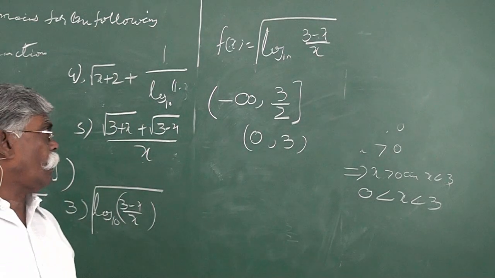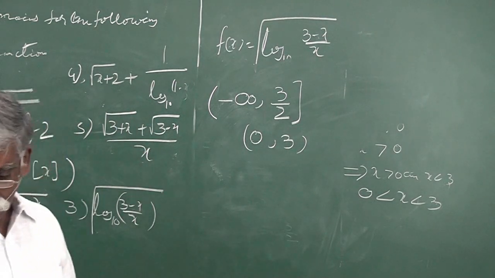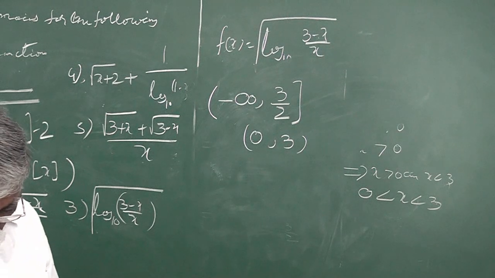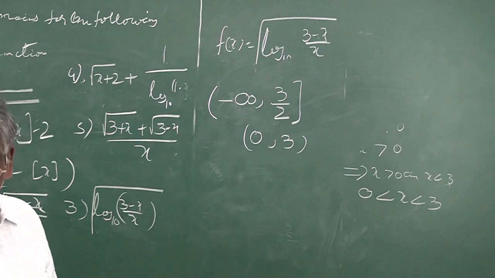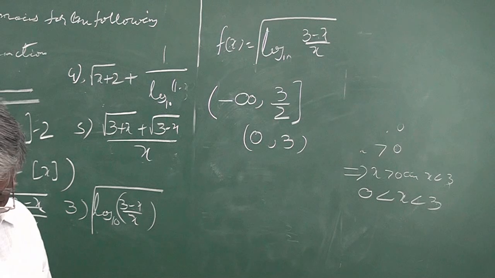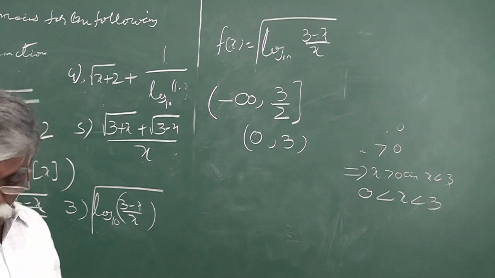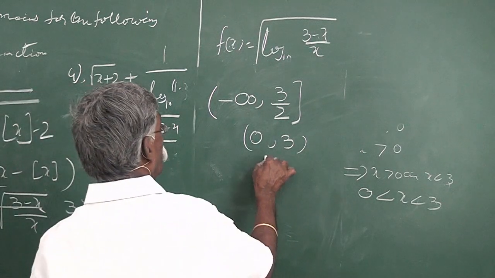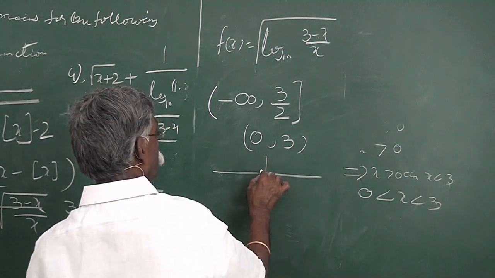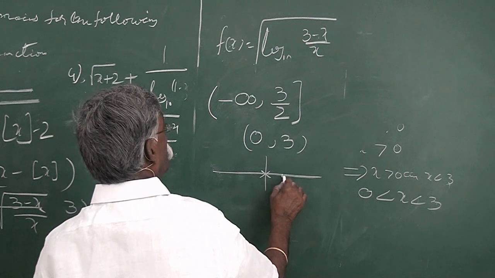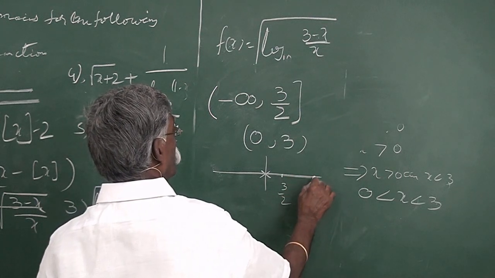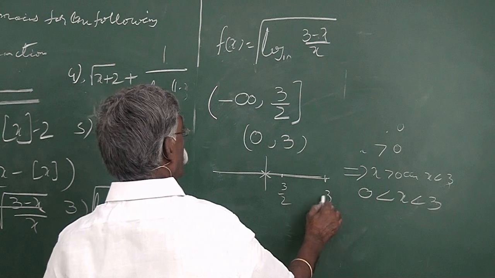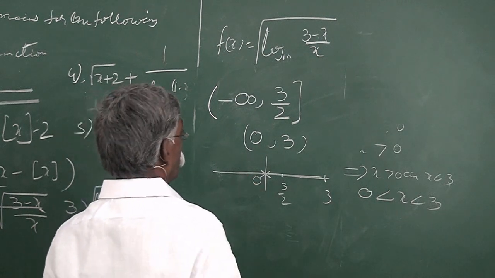Now we have to take all the common values which satisfy both. So if we take the number line, 3 by 2 will be here somewhere, 3 will be here somewhere, 0 will be here.